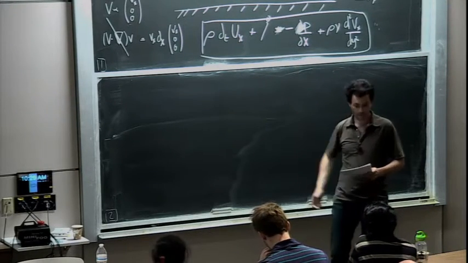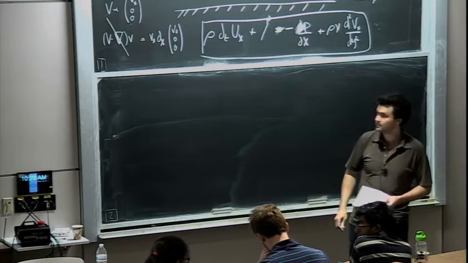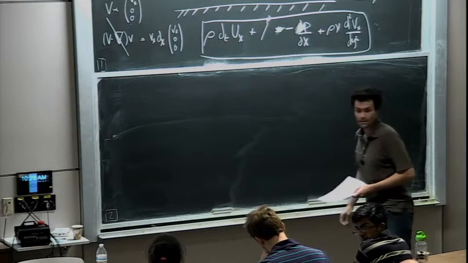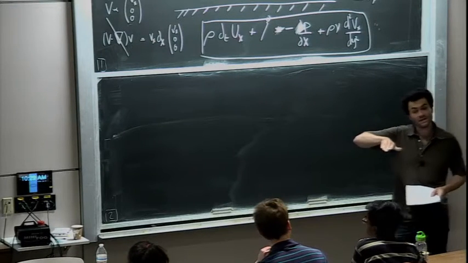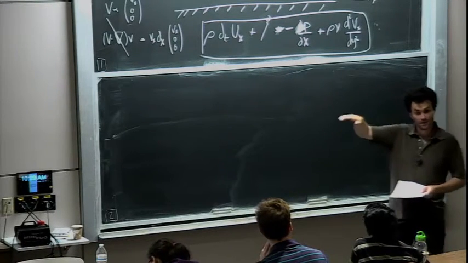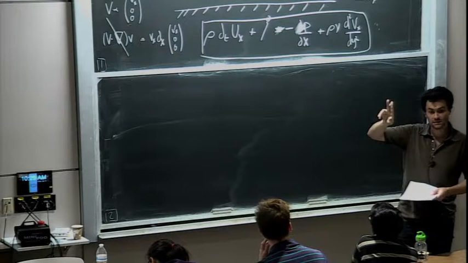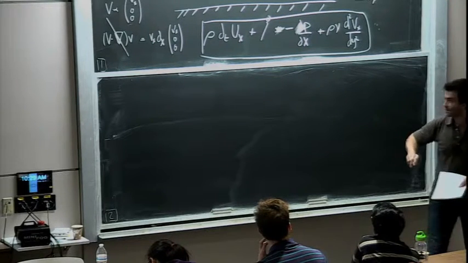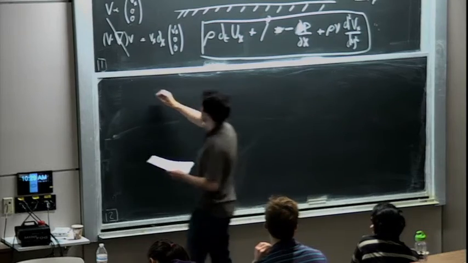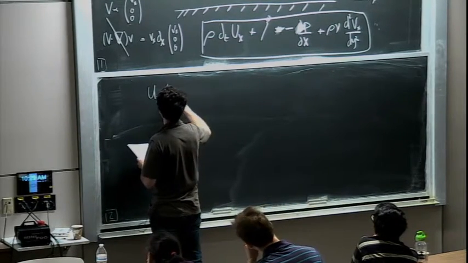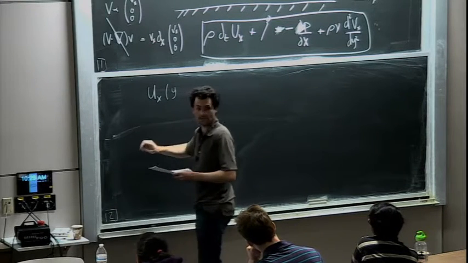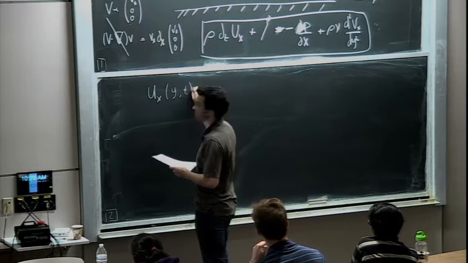You can have a profile for the x velocity that can vary in the y direction, but you don't have a y velocity. Yeah, that's a good point. Let's make this absolutely clear. Ux can be a function of y, and it can be a function of t.